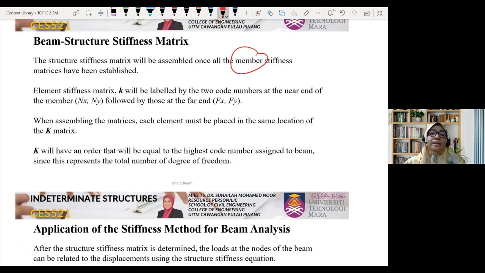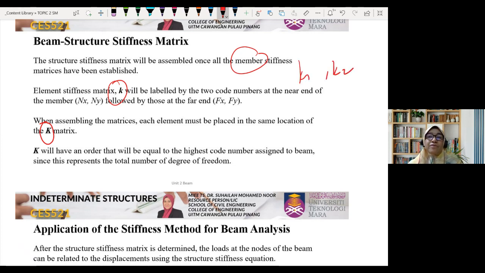So the small letter is for the element, and the capital letter will be used for the structure. Let's say there are two elements, element 1 and element 2. So there will be k1 and k2.